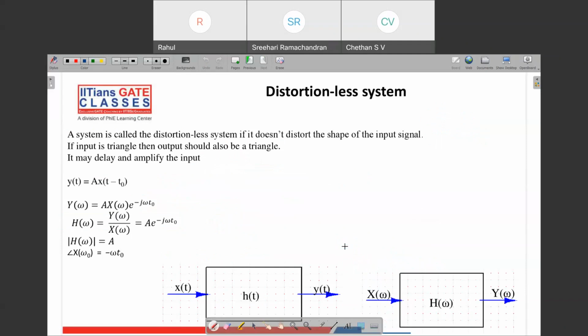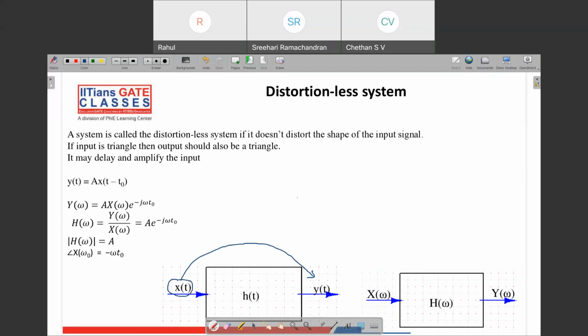Yeah. So let me briefly talk about the last topic of the Fourier transform. This is called the distortionless system. Any system is called a distortionless system when you give the input and the output is simply a delayed version of the input with some modification or attenuation in the amplitude.